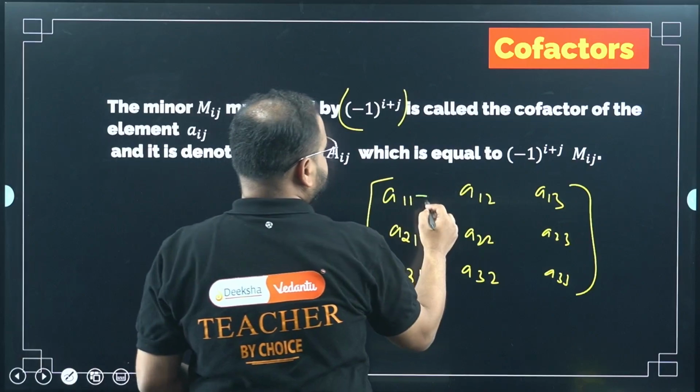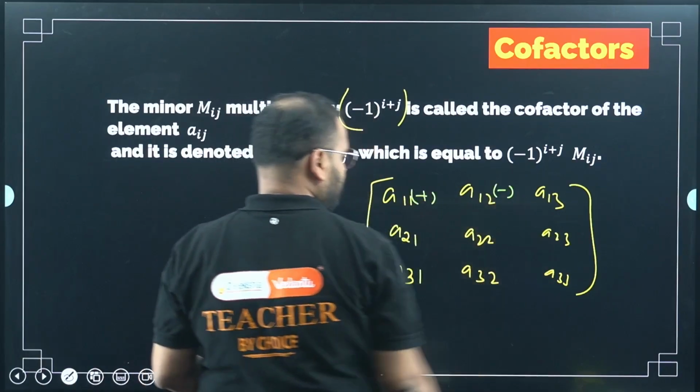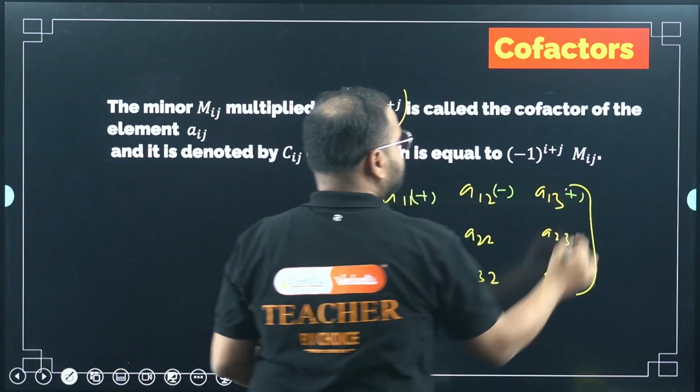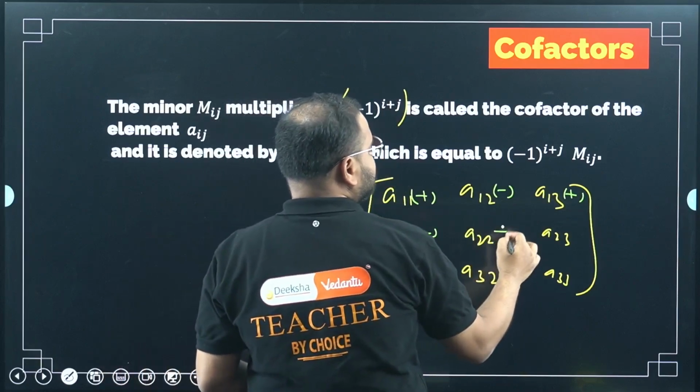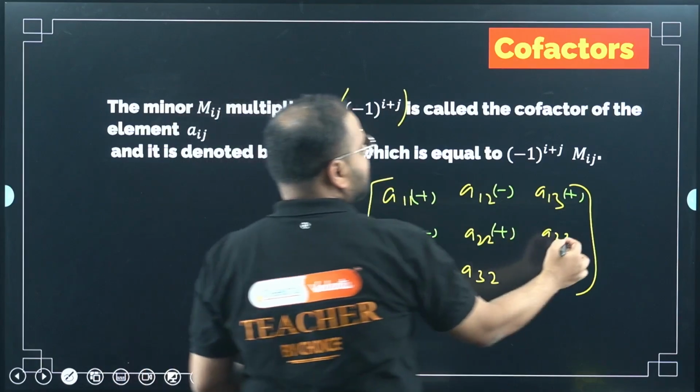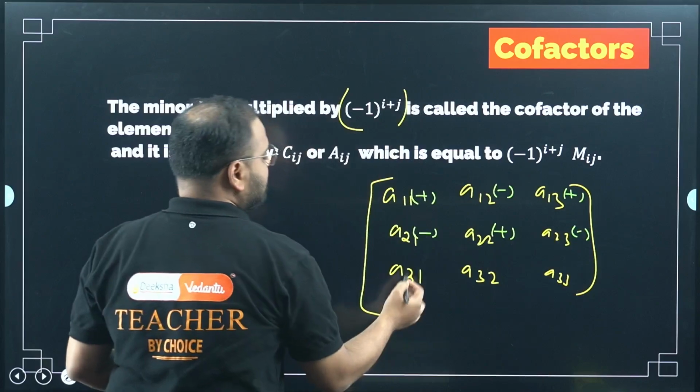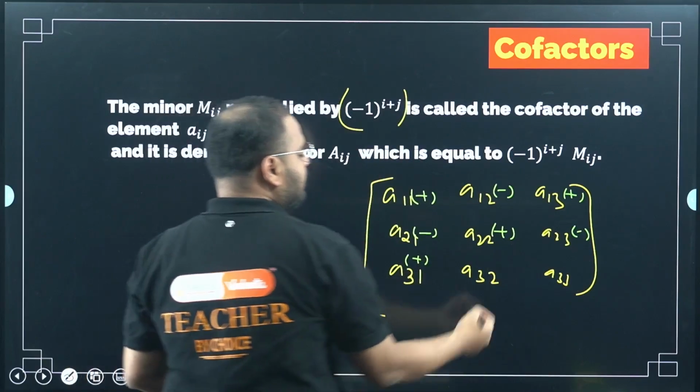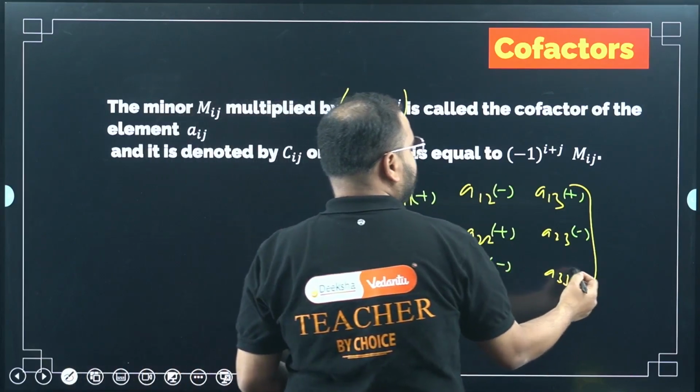This is positive, this is negative, this again is positive, this again is negative, this is positive. A22, 2 plus 2 is 4, positive. A23, 2 plus 3 is odd, so negative. A31, 3 plus 1 is even, positive; A32 odd, negative; A33 even, positive.